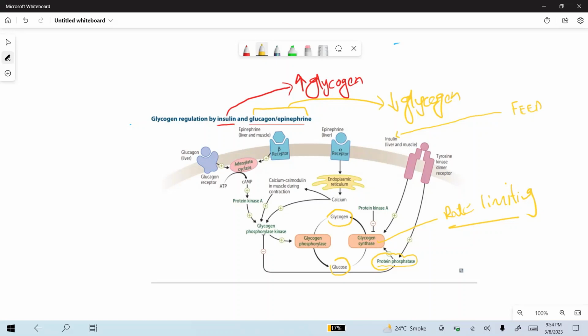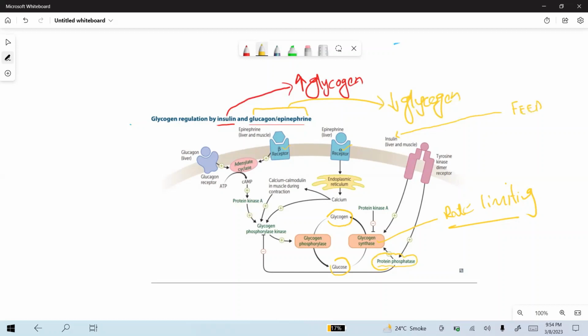Second is glucagon. Glucagon and epinephrine act on the liver and the skeletal muscle. Epinephrine acts through the beta receptor and alpha receptor. When glucagon acts on the receptor on the liver, it causes an increase in adenylate cyclase enzyme.